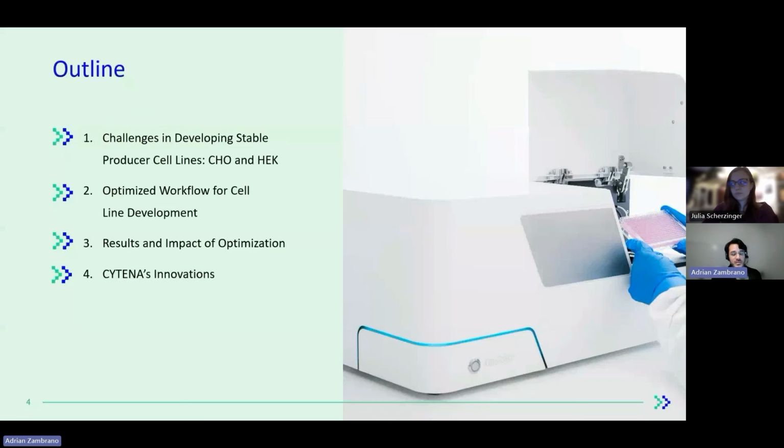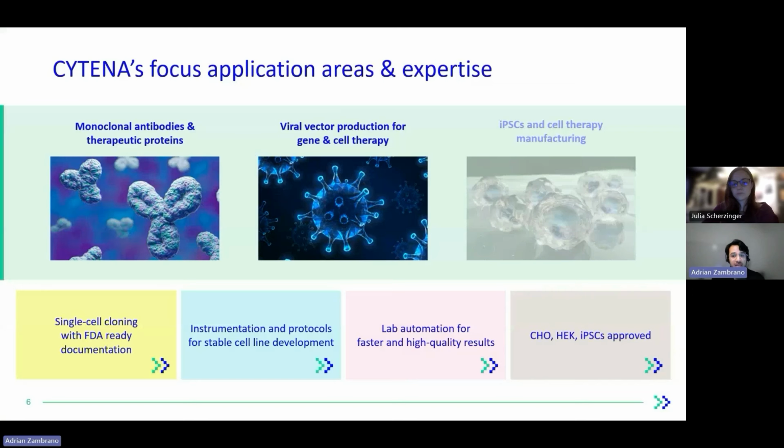This brings me to Cytena's core focus. Since we're talking about cell line development, I want to highlight two of these focuses. The first is working with monoclonal antibody production and other therapeutic proteins. The second is viral vector production, typically used for gene and cell therapy. Of course, Cytena is also able to work with stem cells, such as iPSCs, but this would not be today's topic.